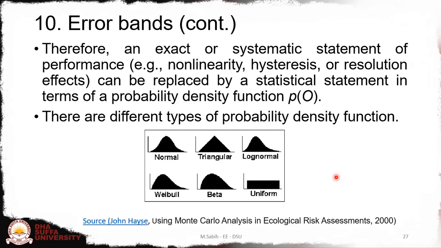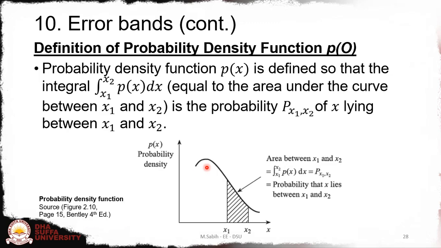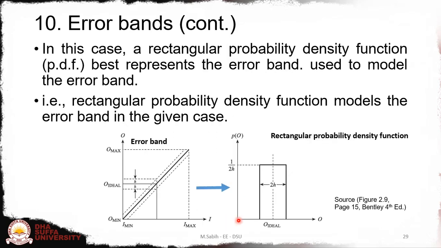This is the area we are mentioning: at this point, the output value or input value, the value of the variable whose variation we are trying to represent, will be within this limit. So this is the probability of x from x1 to x2, the probability that x will lie between x1 and x2.